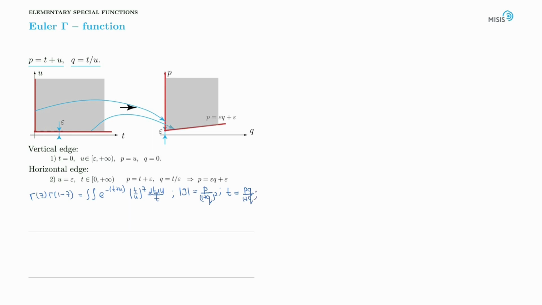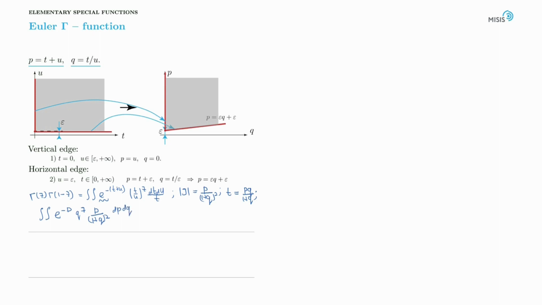So we plug them in, and our product of the gamma functions is transformed into, so the exponential is turned into e to minus p, obviously. T over u is changed to q to z. dt du is changed to the modulus of the Jacobian, which is p over 1 plus q squared, times dp dq.